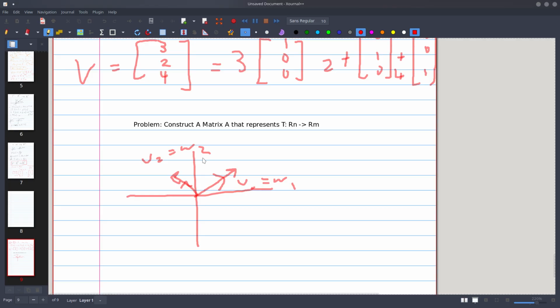V1 is a unit vector on a line, chosen as the first basis, and V2, the second basis vector, obviously has to be perpendicular to the first one. This is fairly straightforward. If you have two perpendicular vectors, then they constitute a basis for your space, and you've seen this already with Gram-Schmidt, for a million different reasons. Okay, and we choose an output basis. In this particular case, we just happen to make them the same.